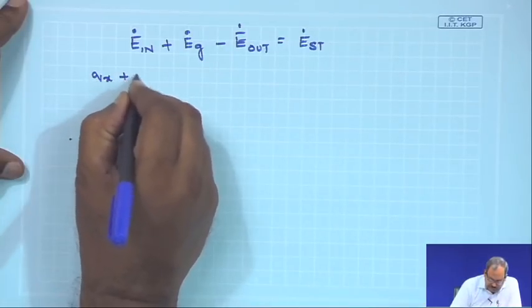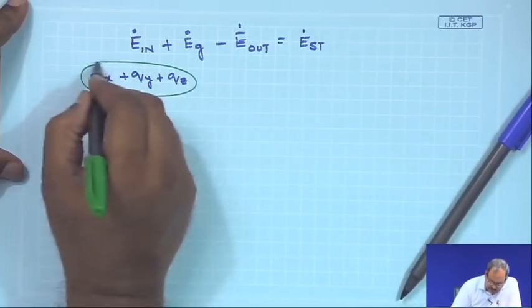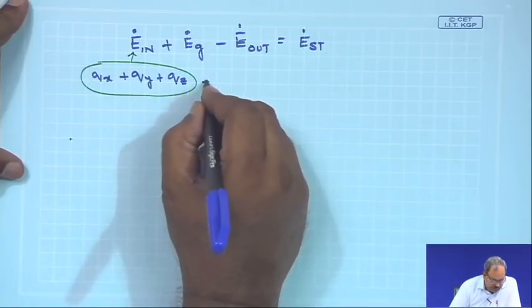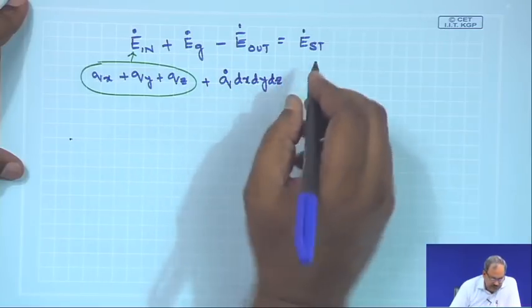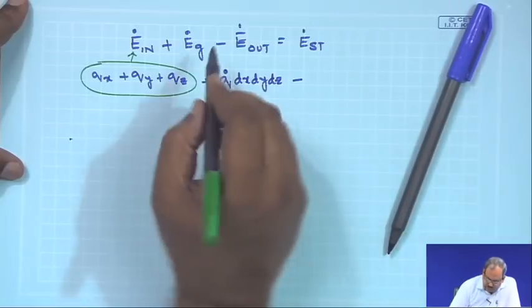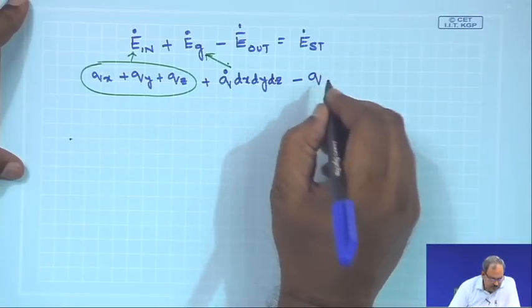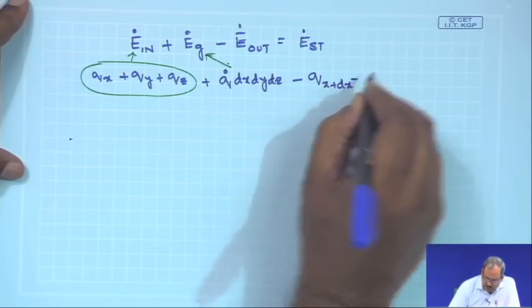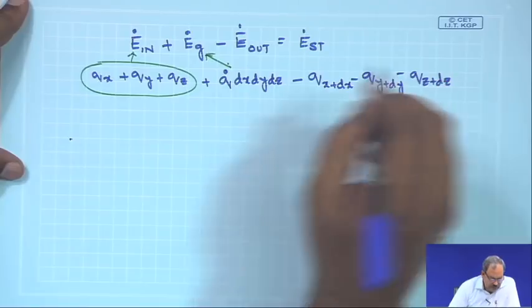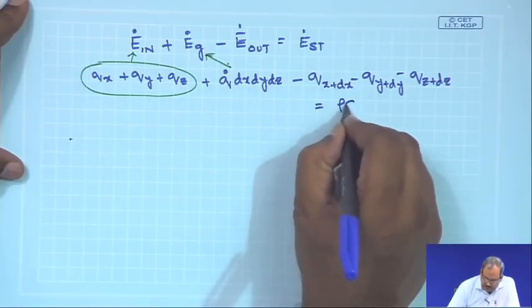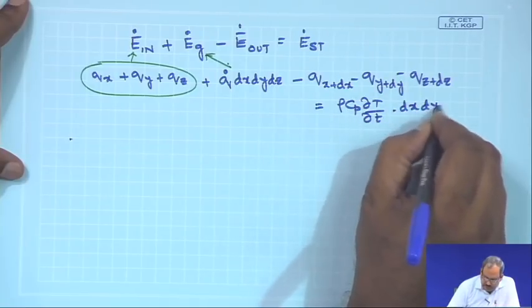So, it would be Qx plus Qy plus Qz, which essentially is the in, plus q dot dx dy dz, this is the generation term, minus the out terms, should be equal to energy stored, which is rho Cp del T by del t times dx dy dz.